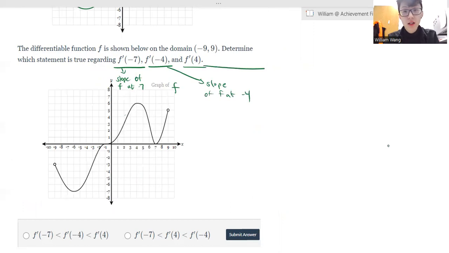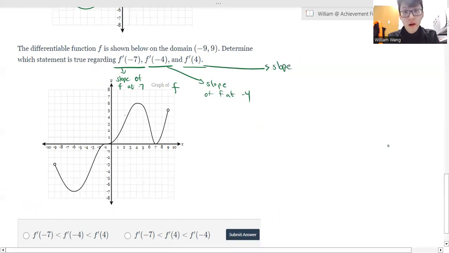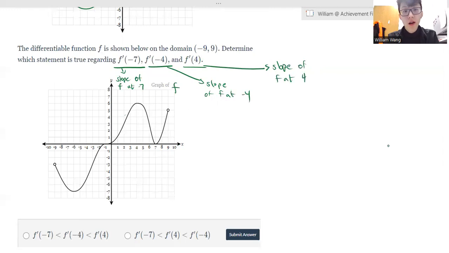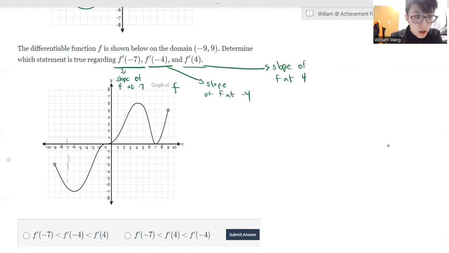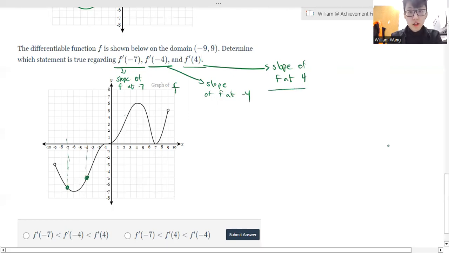And finally, this one is the slope of f at 4. Right, so let's look at these points. At -7, I'm going to draw down here and look at the slope there, then the slope at -4, and the slope at +4.